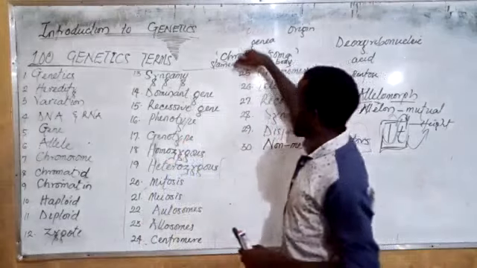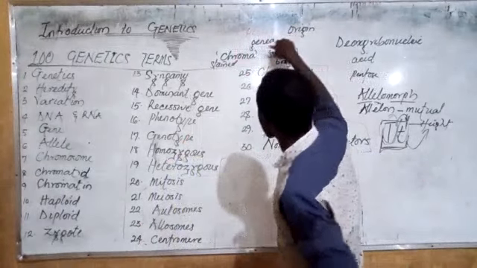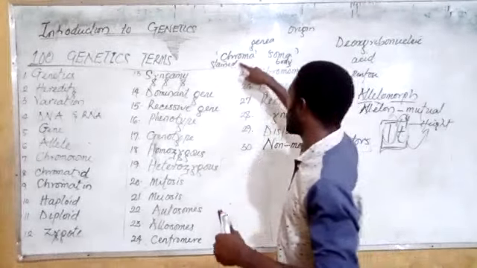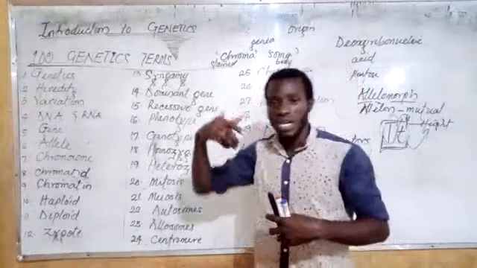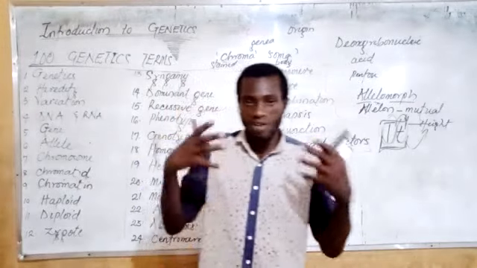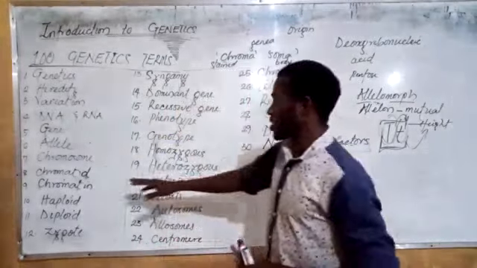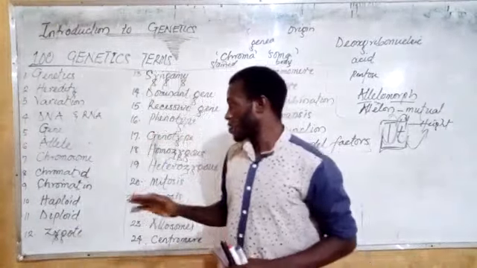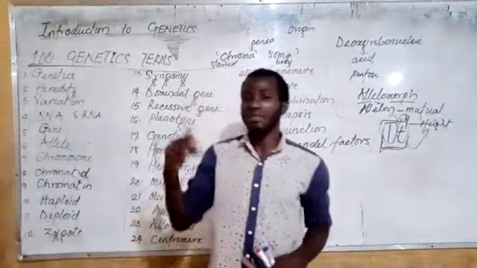That's why they are called chromosomes, because when you stain them with specific dyes in the laboratory, they exhibit peculiar colors that make them very visible. All right, so that's why they are called chromosomes. But I've not even explained their difference.